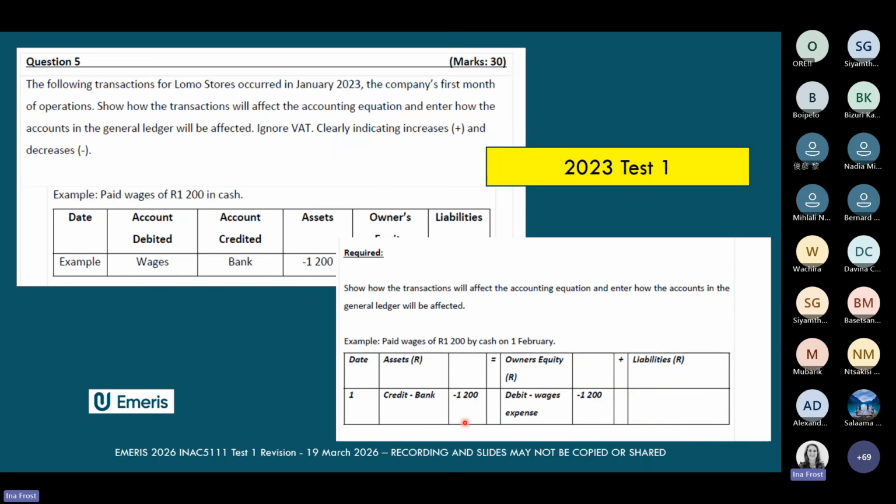And in this one, it was again slightly different, where you had to give the account name and the amount in the different columns. So please make sure that you are really first looking at the example that's given to you under the required, so that you are setting out your answer correctly, so that you can optimize your marks.